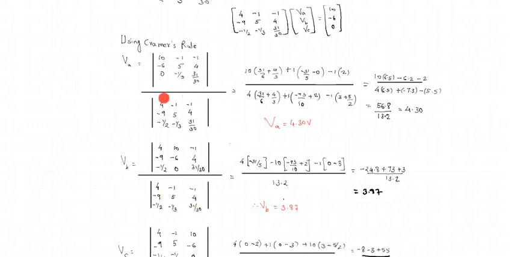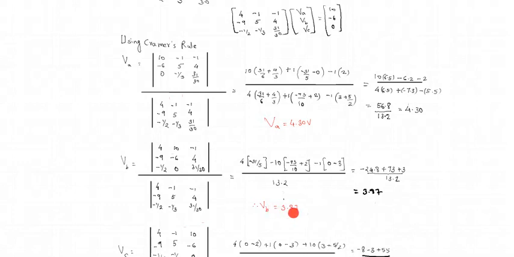The denominator remains the same, unchanged. The entire matrix is as it is. Now find the determinant of the numerator. The denominator is what you have already done in the previous step, so you already have the value of it. Divide it, and you get the value for the voltage VB.